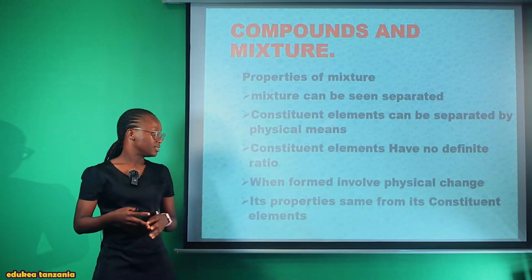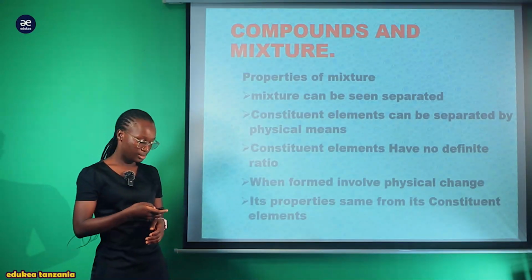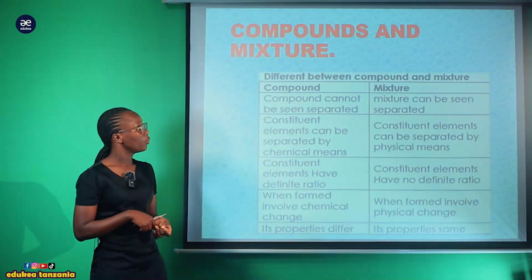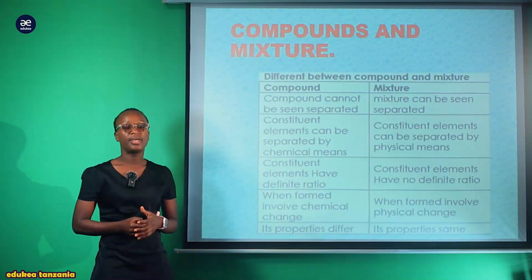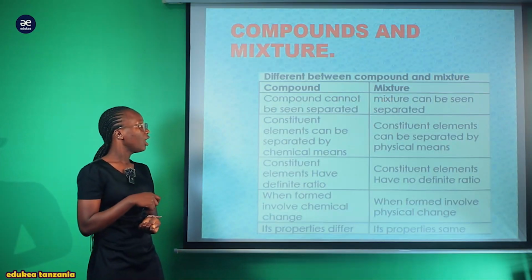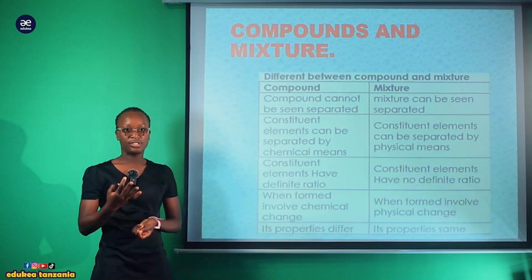Now let us see the short table which summarizes the difference between compound and mixture. Compound cannot be seen separated as I've told, kama nilivyowaambia kwamba hii hapa inakuwa ni difficult to separate.